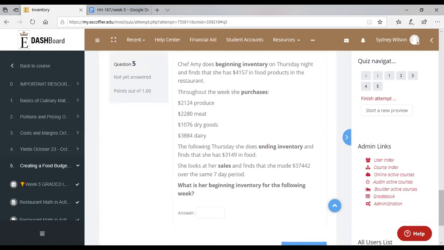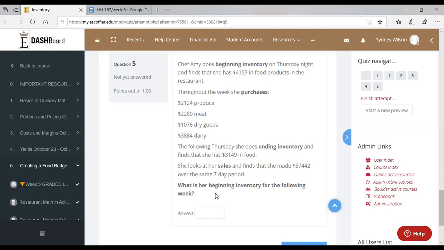All right, so number 5, what is her beginning inventory for the following week? This one, there's no math actually required. This problem has a way of trying to trick you into thinking that it's harder than it actually is. It's all in the wording. On the first week, she starts on a Thursday, and she uses her beginning inventory all week long, and week 1 ends on the second Thursday.